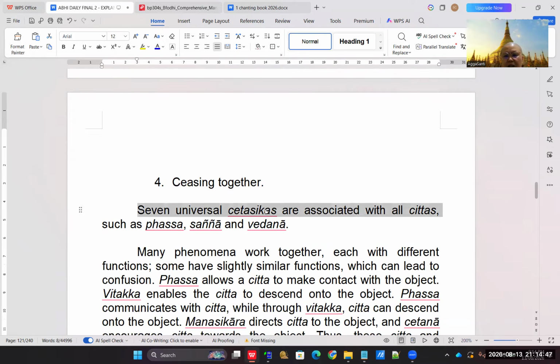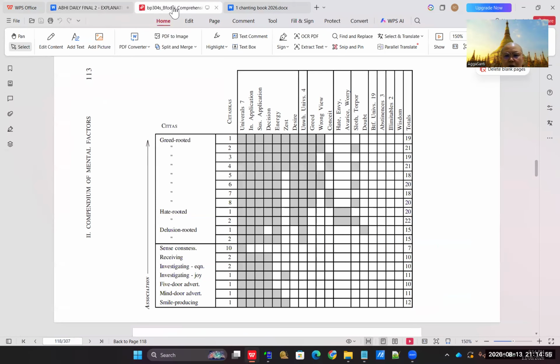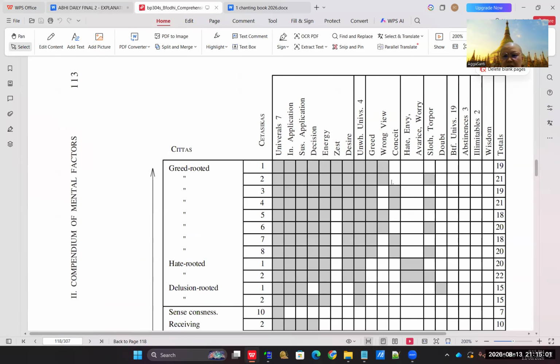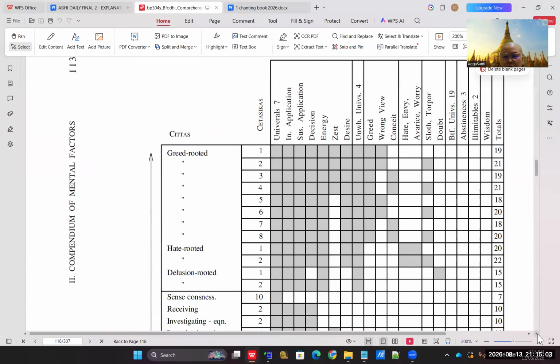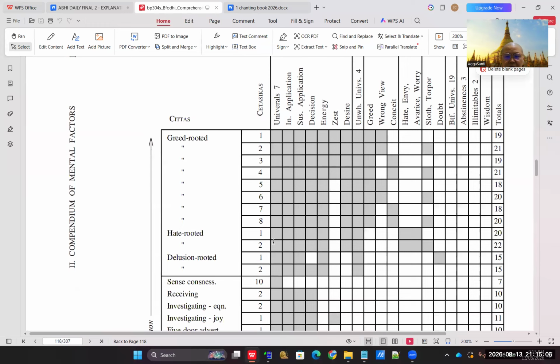So for all the 89 Chitta or 121, they will definitely have these seven. So the seven are called universal. This means that these seven universal will associate with all the Chittas.